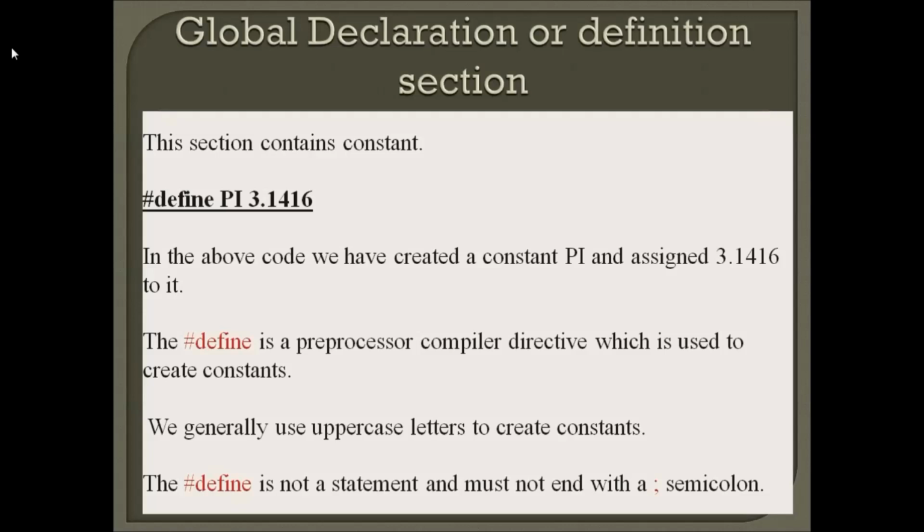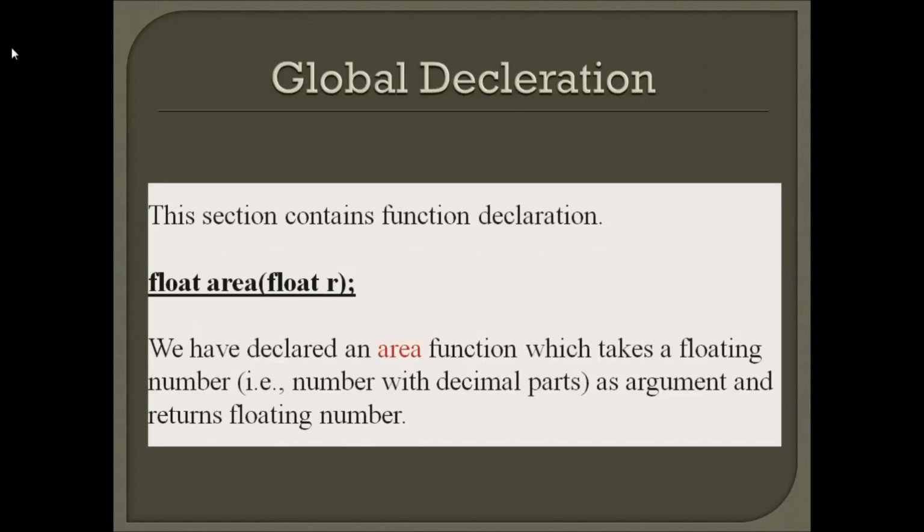So what is a global variable? Here you can see I used a statement float area(float r) within brackets. The global variable is a variable that can be used anywhere in the program without restrictions. So you can use this global declaration anywhere in the program. There is no restriction.